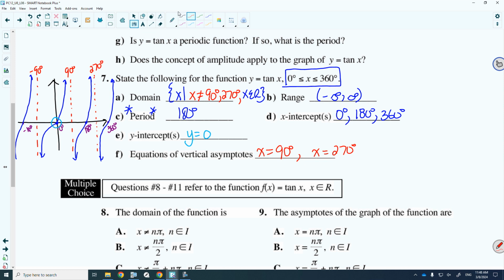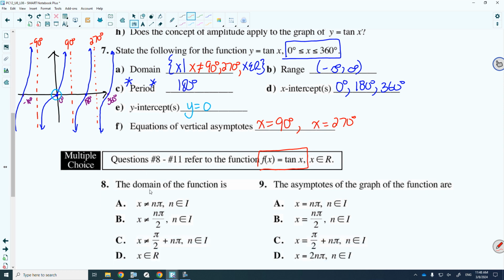Okay, now let's look at questions 8 to 11. They're referring to a tan graph. Look at what this one is saying: the domain of a tan function, and now they're talking about from negative infinity to infinity.